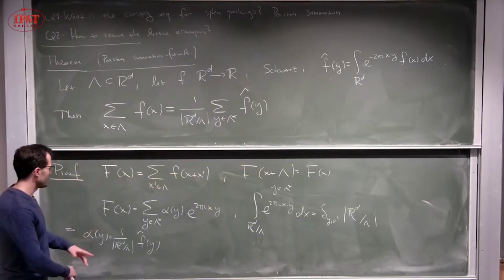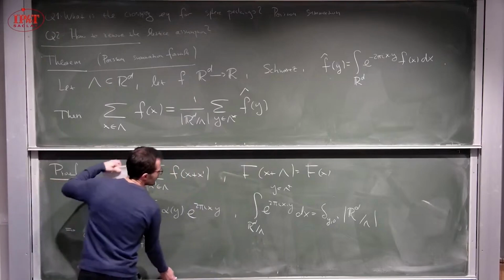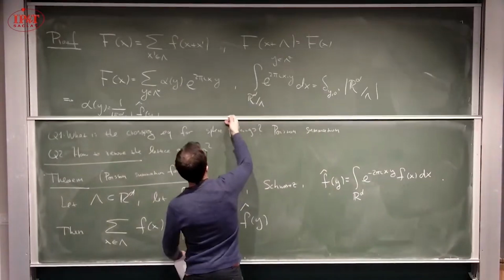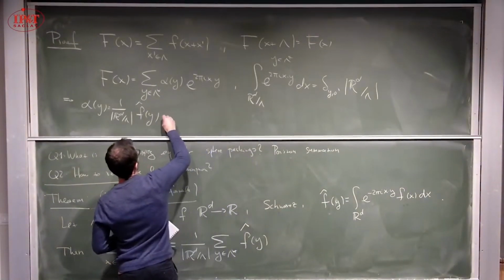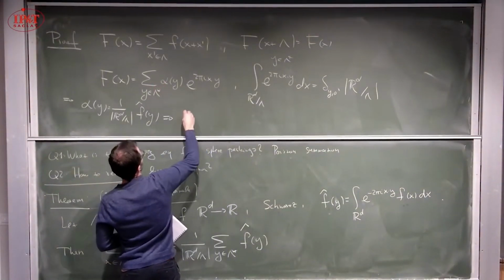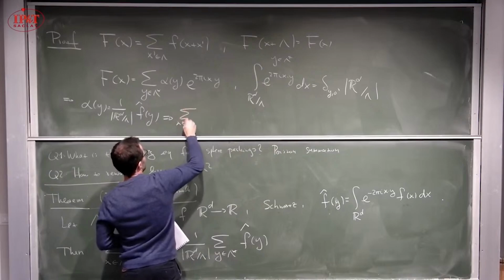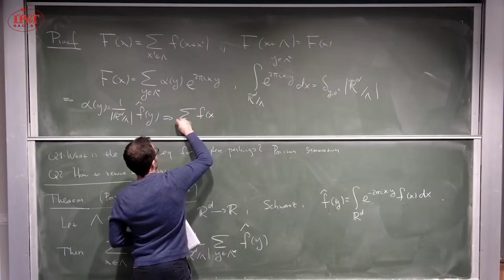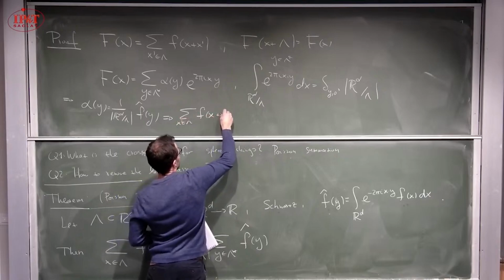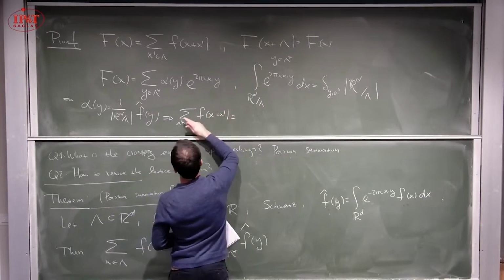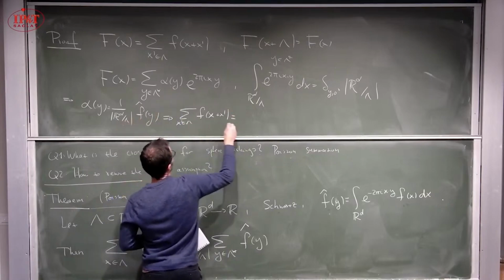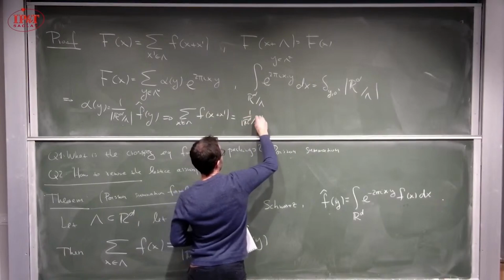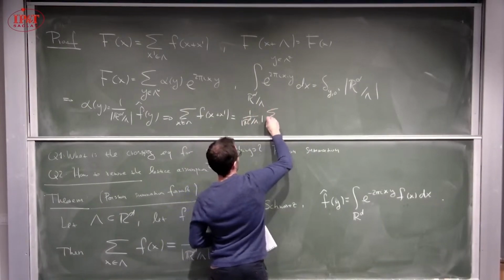So that's the end of the proof, but it really gives you a nice generalization. The top equation is the sum over lambda of f of x plus x prime. And alpha is that: 1 over the volume of R^d over lambda, sum over the dual lattice.